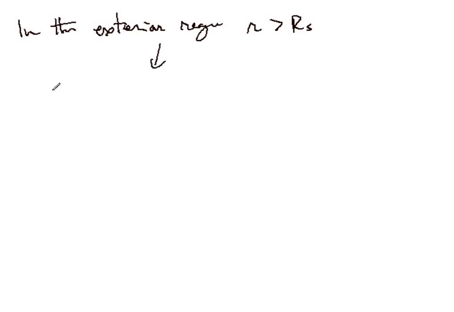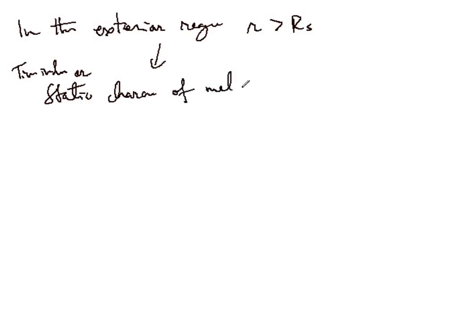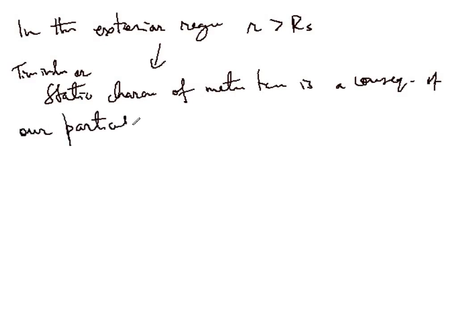So basically in the exterior region, that means R is greater than Rs, the static character of the metric tensor, the time independent or static character of the metric tensor, is a consequence of our particular choice of coordinates.